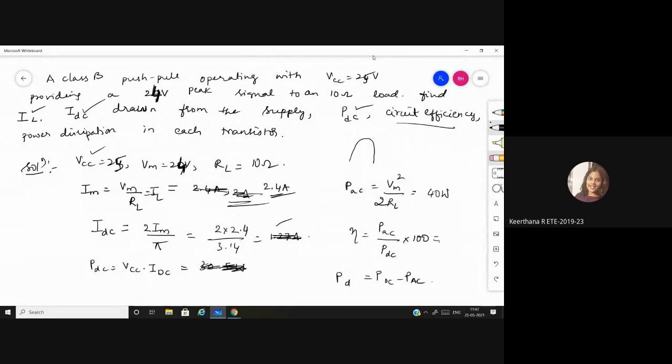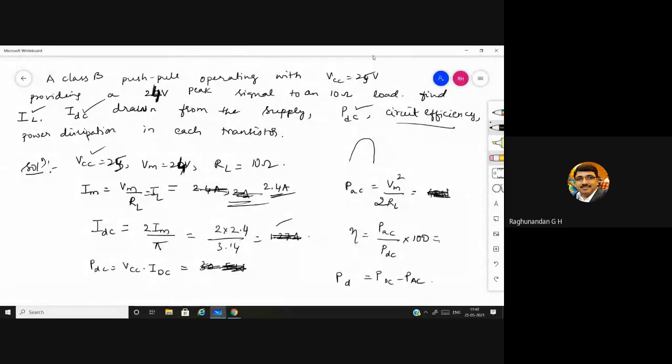Yes, you are correct. So now you will get it correctly. Even for our old problem also, old values only you will get. Good. Vm by root 2 whole square is Vm square by 2RL. So I have left out 2 here.